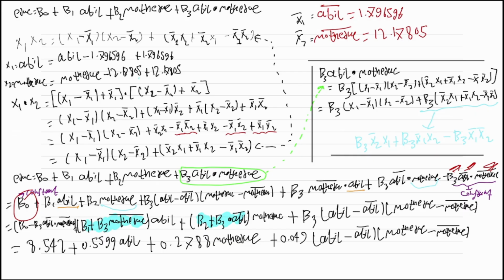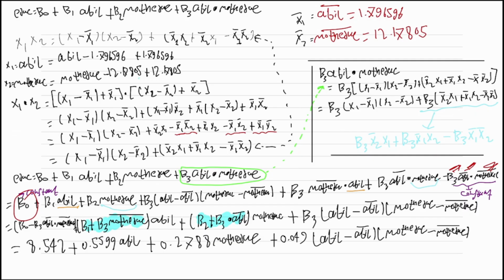Okay. And now I have this number beta naught. This is my intercept, and I have this constant. So I sum them up here. Okay. And I have ability in the orange, and I have ability here. And so I will sum these coefficients with each other, beta 1 and beta 3 multiplied by mother education. And now we have this one.